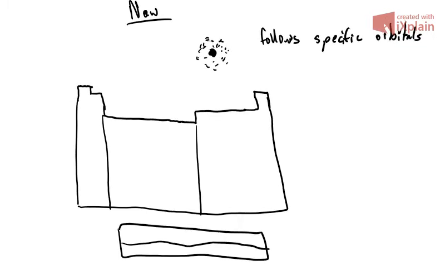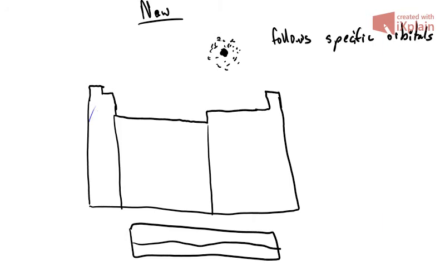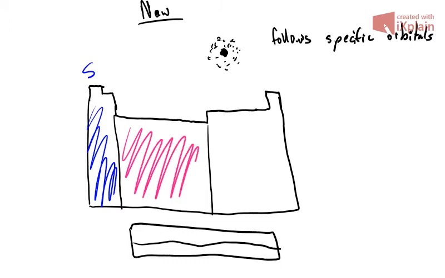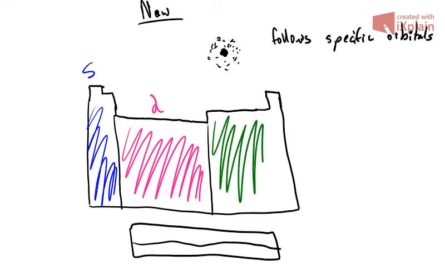So these specific orbitals are shown as the s orbitals, the d orbitals, the p orbitals, and the f orbitals.